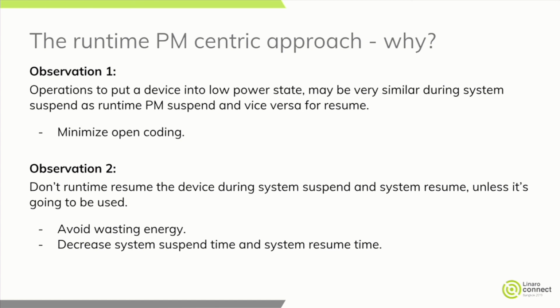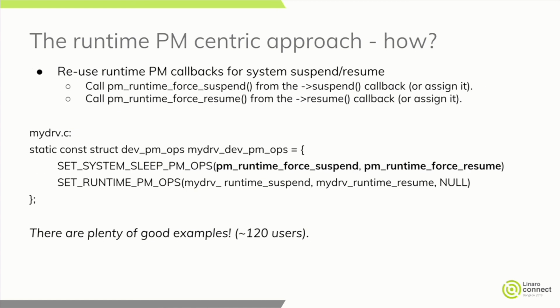So we invented something that we call the Runtime PM centric approach. And in that path, you take these kind of things into account. There are two helper functions that you should be aware of, and that's called pm_runtime_force_suspend and pm_runtime_force_resume. In principle, for your system sleep callbacks, your system suspend and resume callbacks, you either assign them to these helpers or you call them from your callbacks.